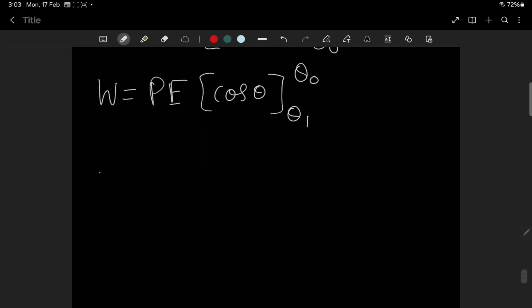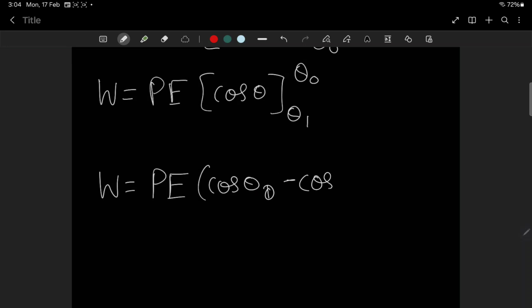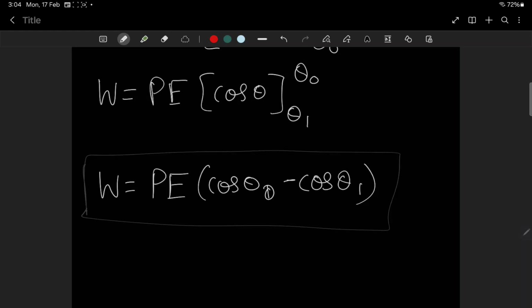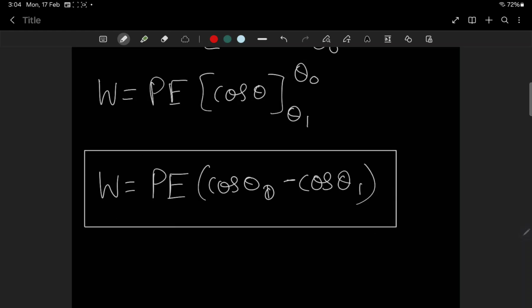So work is equal to PE into cos theta 0 minus cos theta 1. This is the work done to change the orientation of a dipole from theta 0 to theta 1.